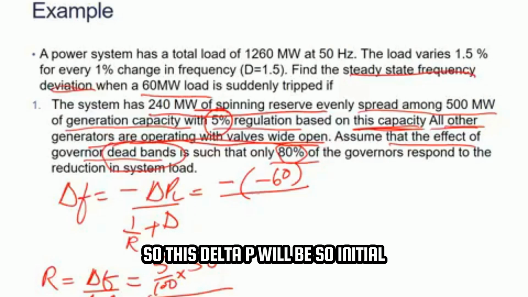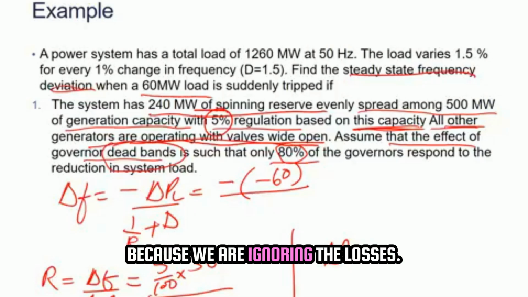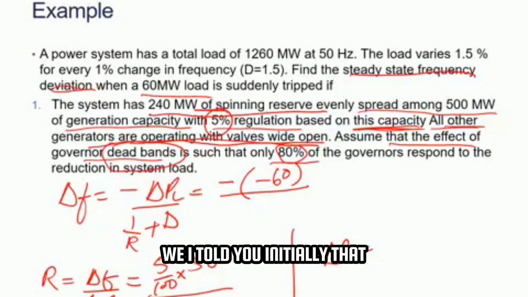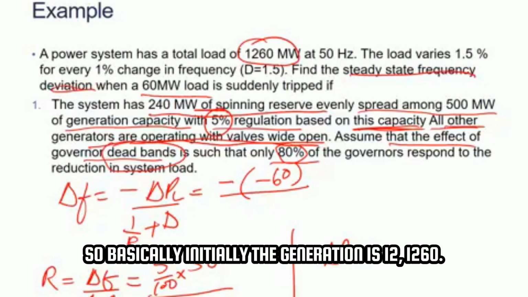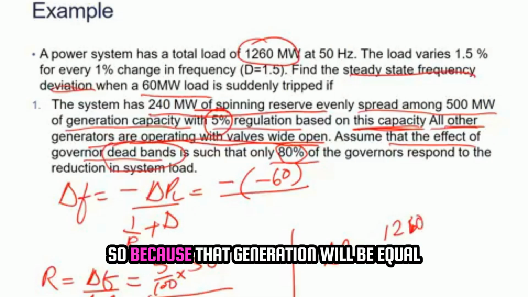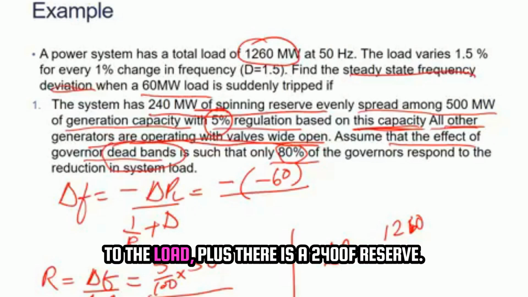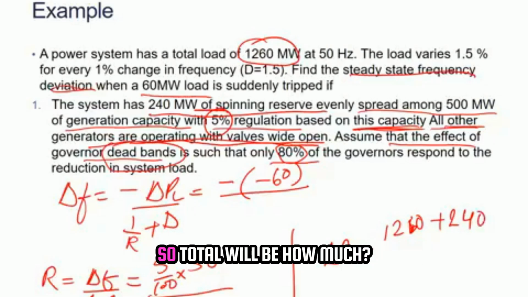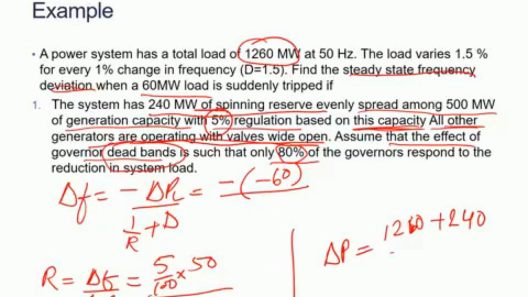So this delta P will be, because we are ignoring the losses, as I told you initially, the initial generation is 1260. That generation will be equal to the load, plus there is 240 of reserve. So total will be 1500.